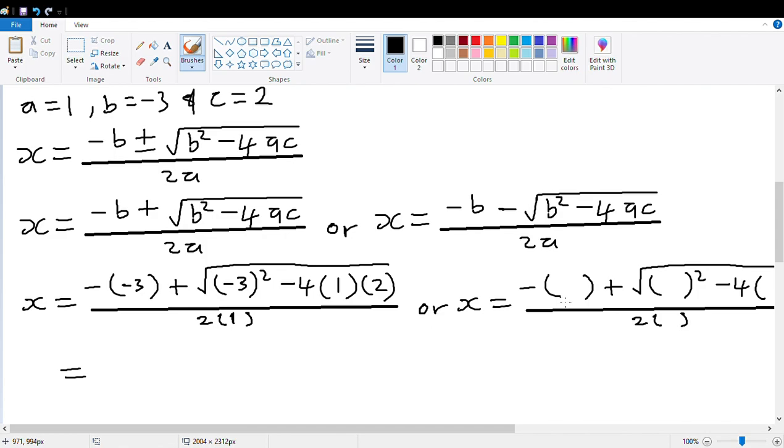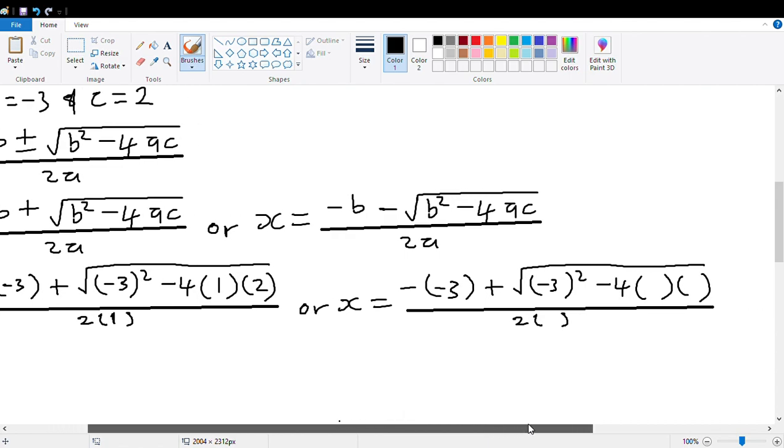So you'll be having the value for b, which is -3, and also -3, and for a we are having 1, we are having 1 there, and 1 there, as well as your value of c, which is 2 there.